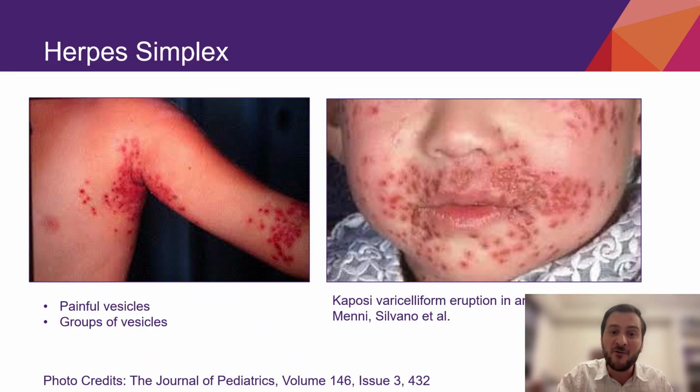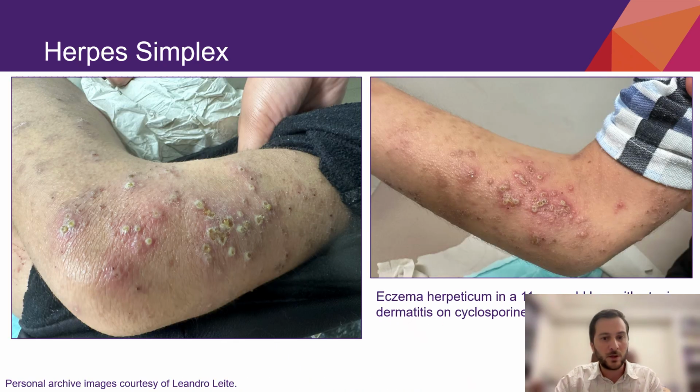So here we have an example of Kaposi's varicelliform eruption from the literature, and this is one of our patients that had atopic dermatitis and developed a Kaposi varicelliform eruption. In this situation, you can call it eczema herpeticum, and we can see the formation of pustular lesions, and they were disseminated.